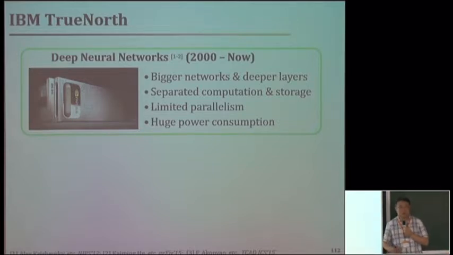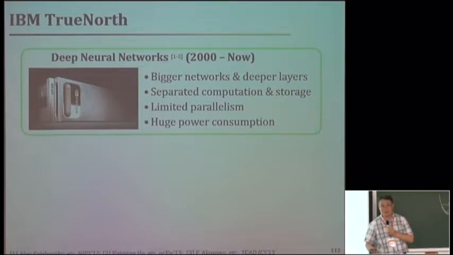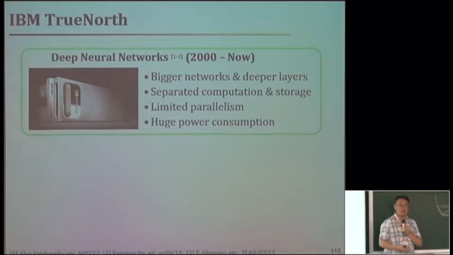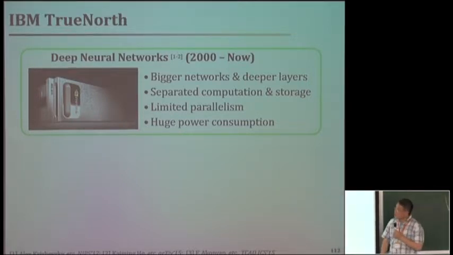It's still the conventional von Neumann architecture. It's very limited, partly because we all know this memory hierarchy or computing model is heavily constrained by the data locality, by the cache, and so on and so forth. And it generates huge power consumption. Okay?